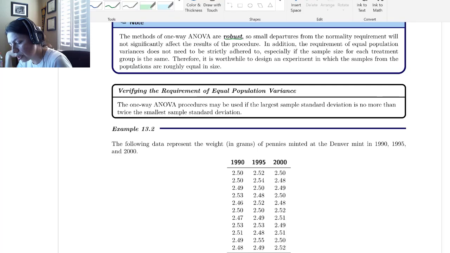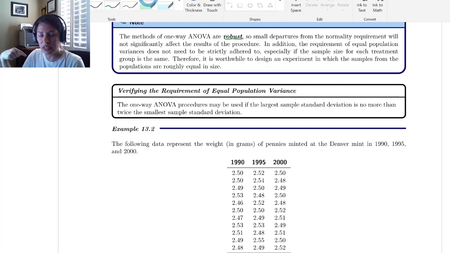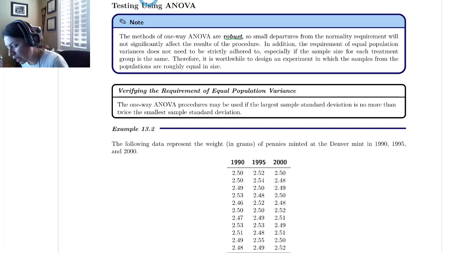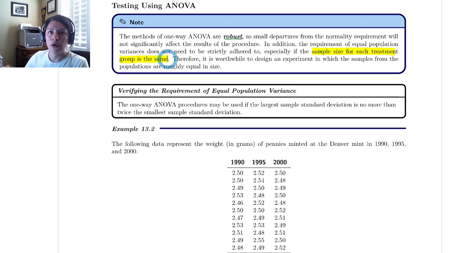This is really important, because this was an additional requirement that we needed all those variances to be the same. But they're saying that if the sample size for each population is the same, then we're going to be okay, because there's not a lot of deviation when we're grabbing the same number of subjects for each of the populations.